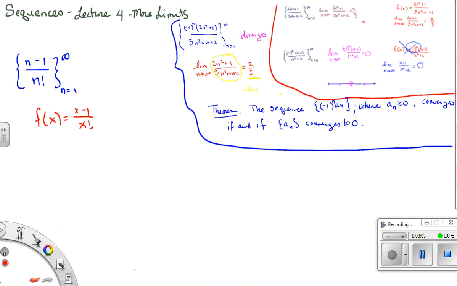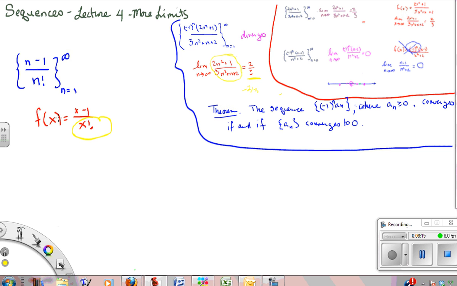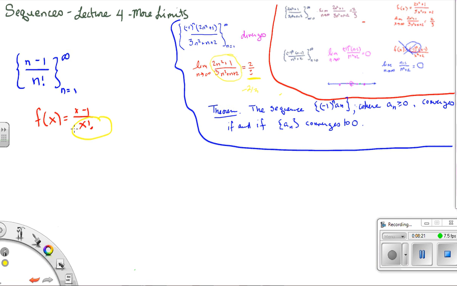What does x factorial mean? What does 1/2 factorial mean? What does pi factorial mean? We don't have any meaning for that. In fact, there might be ways to define it, but it's certainly not the same way we've defined it here, and it really is beyond our means. We're not going to deal with this situation at all.